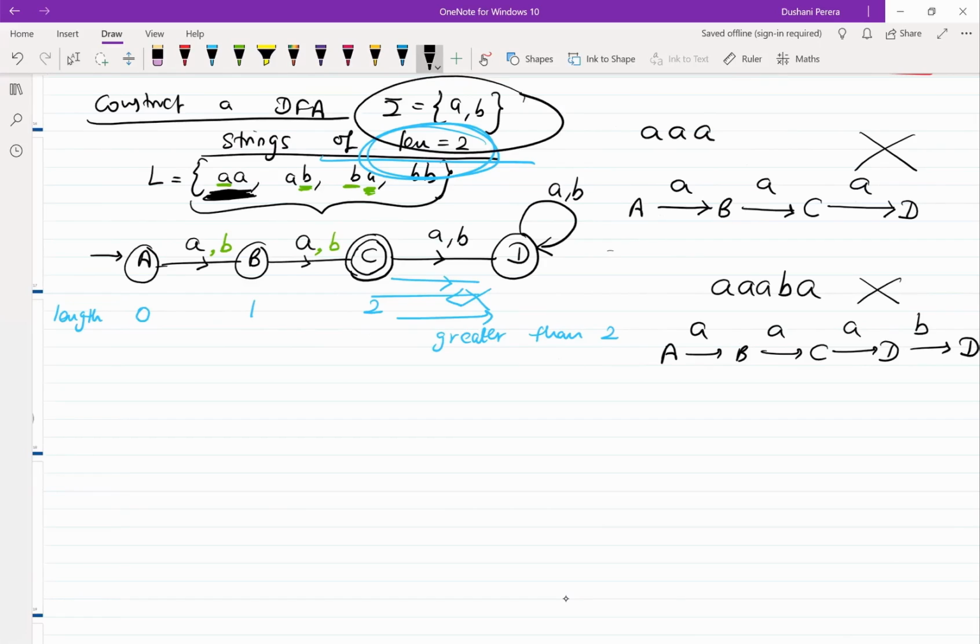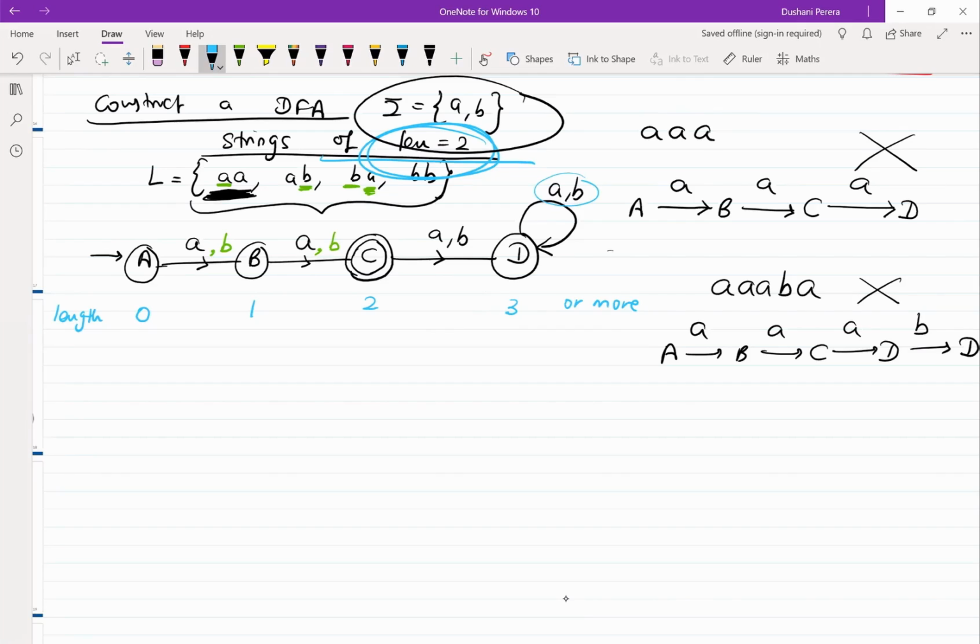Got it? Okay. Now there's an important point I want to highlight here. You saw that the string length here is 2. When it comes to D it's 3. This is 3 or more, and everybody with 3 or more is rejected.